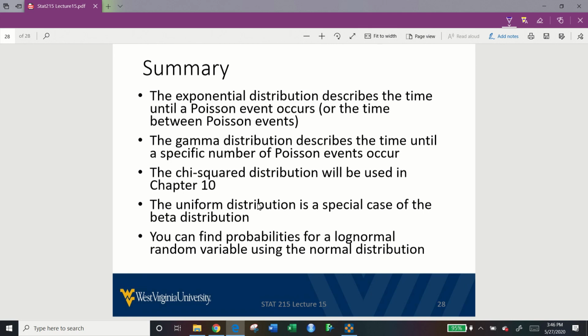Then we briefly talked about the chi-square distribution as a preview to what we'll cover in chapter 10. Afterwards, we talked about a special case of the uniform distribution, which is called the beta distribution. And then we quickly learned how to find probabilities for a log normal random variable using the normal distribution.